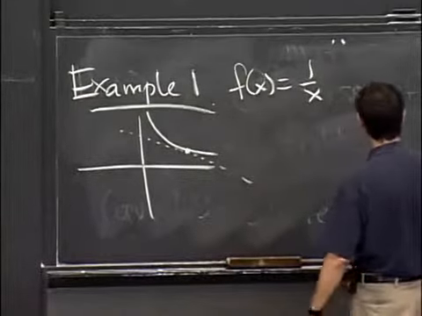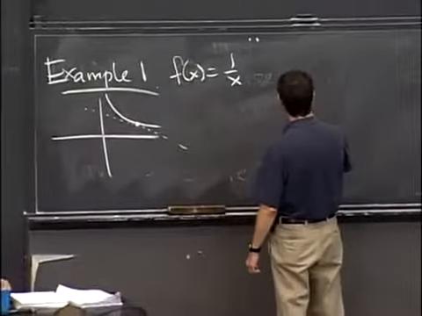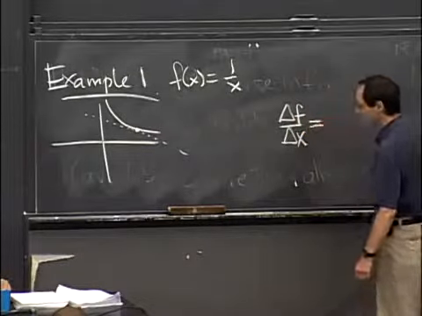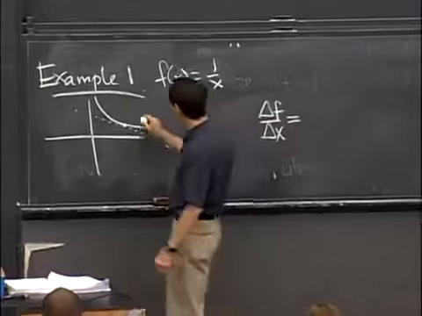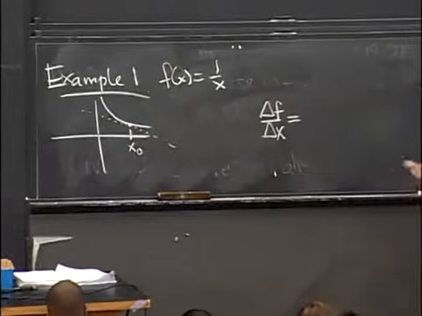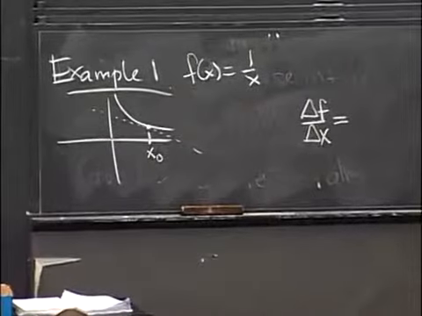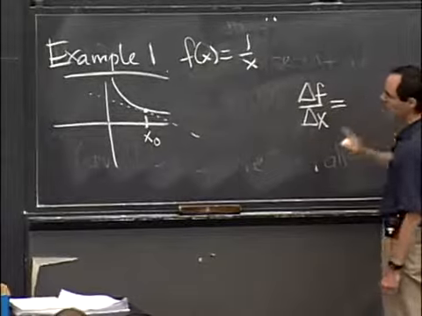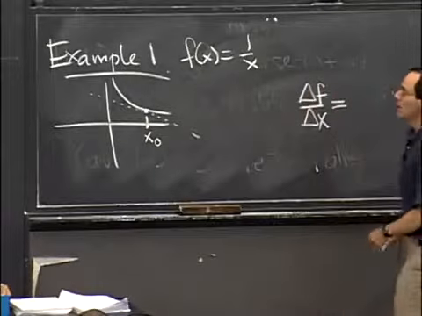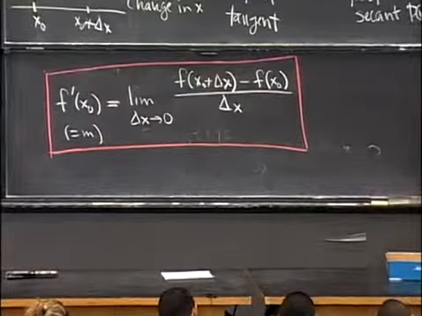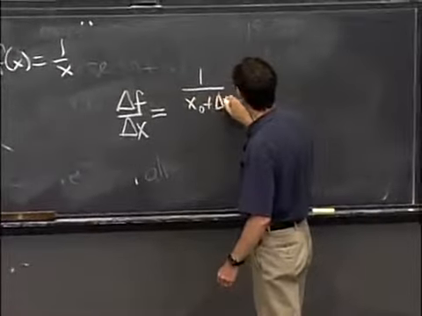So first, we consider this difference, delta f over delta x, and write out its formula. So I have to have a place, so I'm going to make it, again, above this point x0, which is a general point. We'll make the general calculation. So the value of f at the top, when we move to the right by delta x, I just read off from the formula. The first thing I get here is 1 over x0 plus delta x.